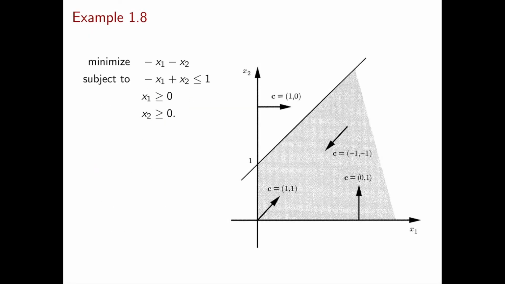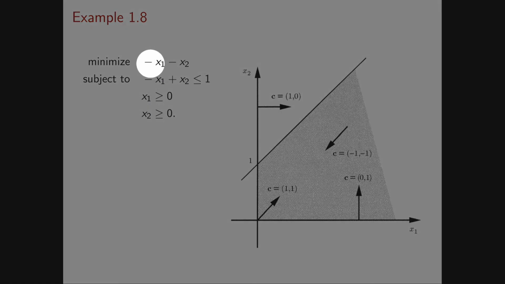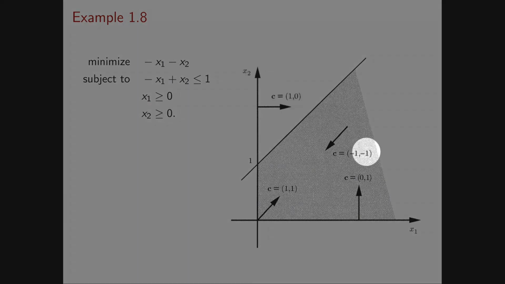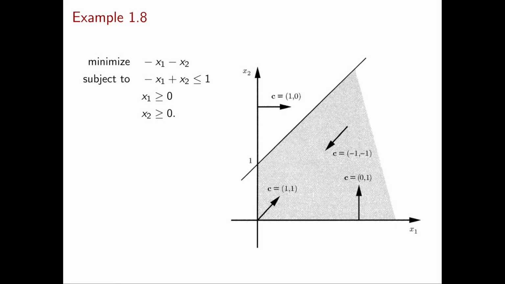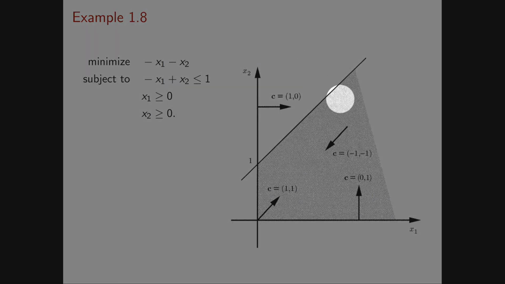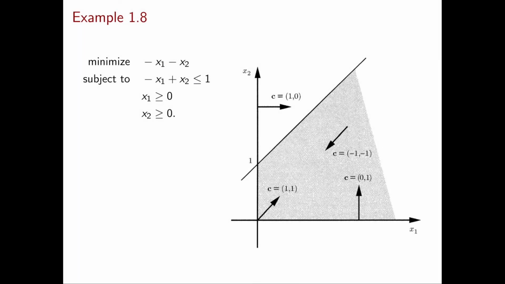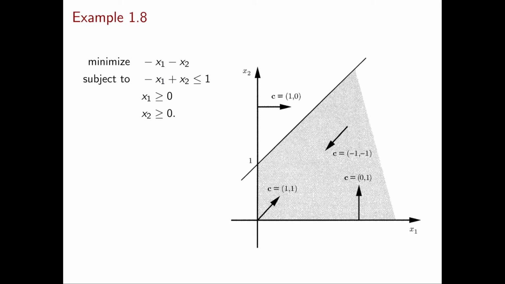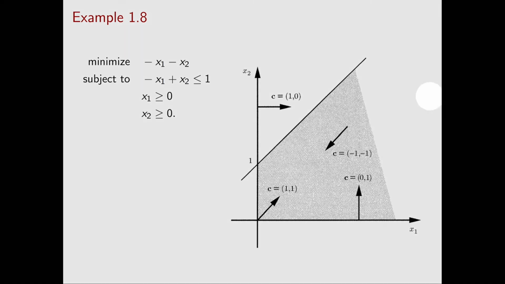In our next example, we're now minimizing minus x1 minus x2, so our vector C is minus 1, minus 1, and it's represented here. So now the orthogonal lines are something like this, and we're moving upwards as much as possible, and you can see that we can move our line upwards as much as possible, and we will always intersect the feasible region, since the feasible region goes to infinity on the right.